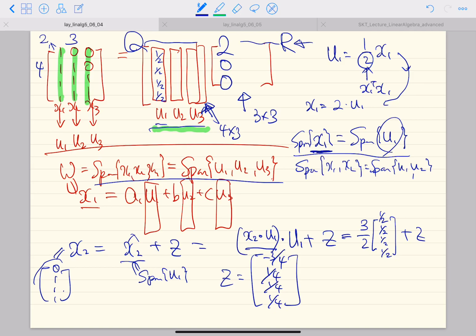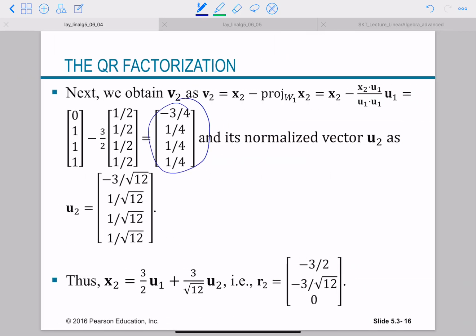And then we have to normalize it further, right? To have the length of 1. So this is the vector length of this guy, right?